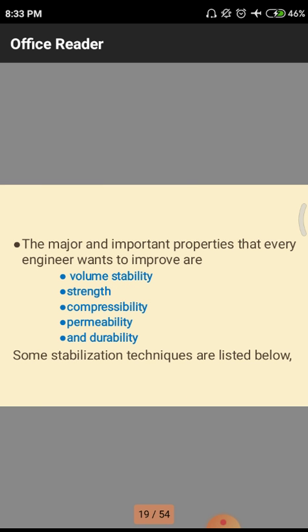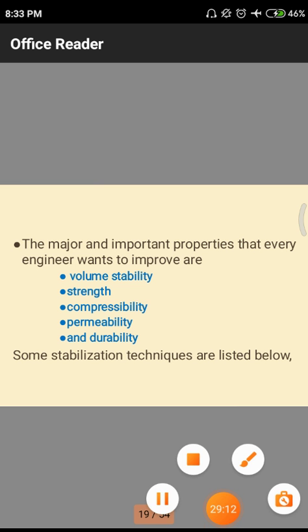The important properties every engineer wants to improve: whenever we construct a project, we have to observe four, that is, five major things. What are those?